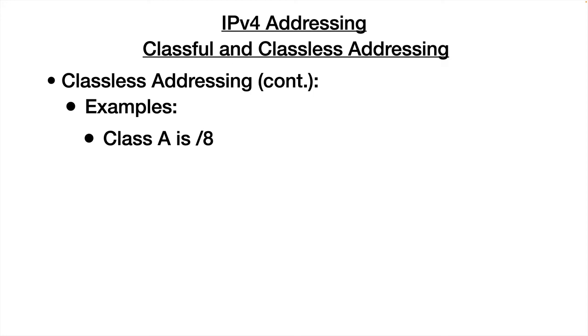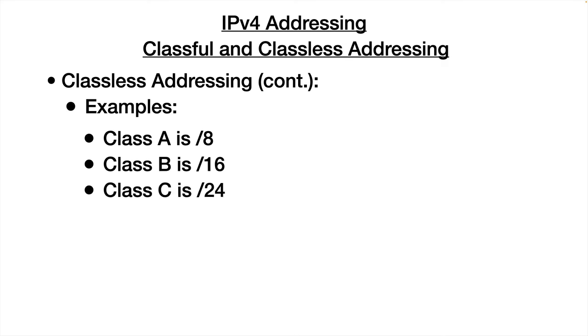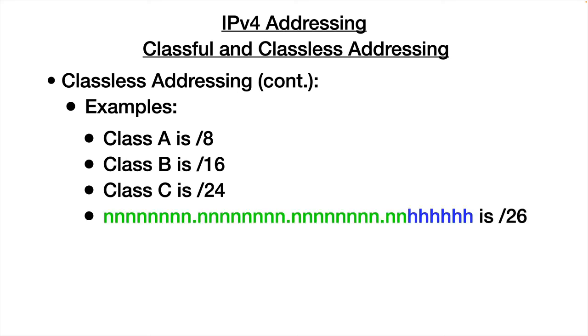So Class A is a /8. Class B is /16. As I said a moment ago, Class C is /24. If we had an address where the first 3 bytes and 2 bits into the 4th byte were the network portion, the last 6 bits were host bits, that would be a /26.